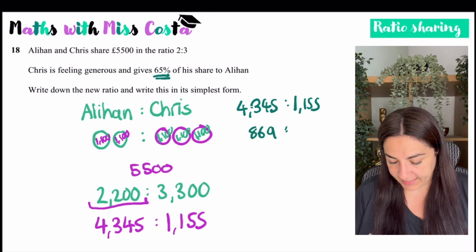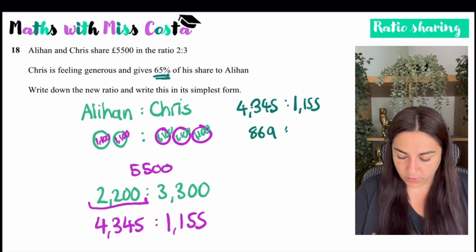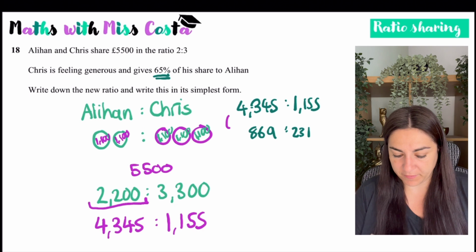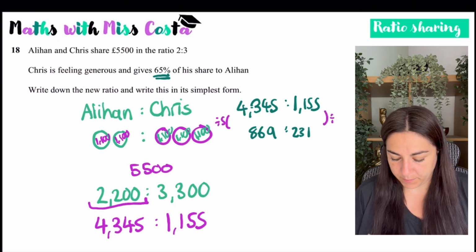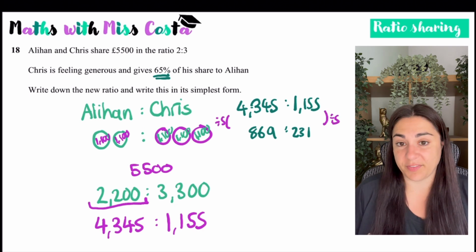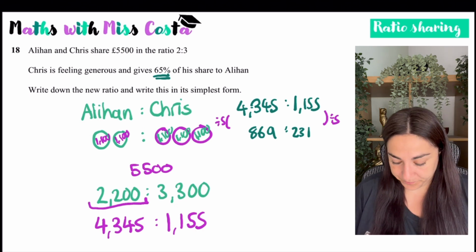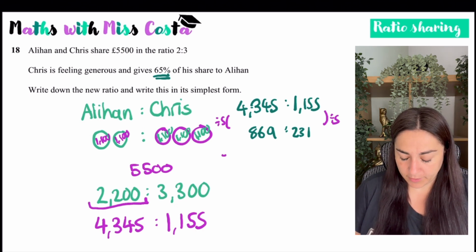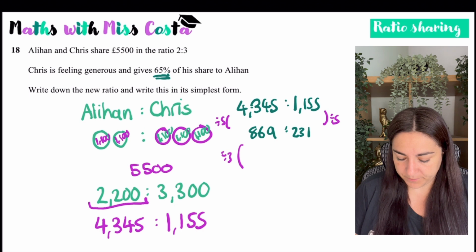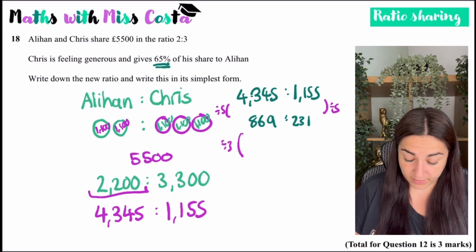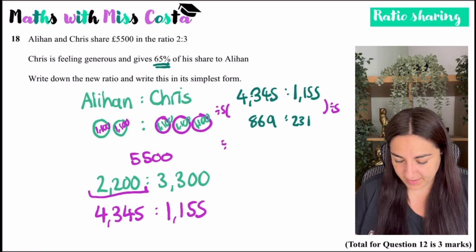So that gives me 869. And then 1,155 divided by 5 is 231. I'm dividing by 5 because I know that both sides of this ratio are multiples of 5 as they end in 5. Now it's a little bit trickier, so I might try dividing by 3. So 869 divided by 3. Oh, I can't do that, so I'm not going to try that.